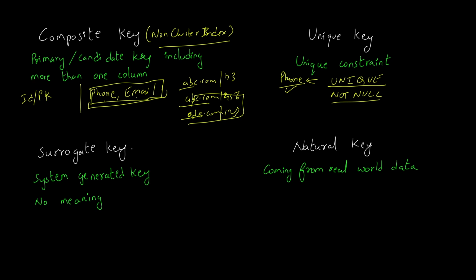Surrogate keys, again something informational. Unique keys are practical, composite keys are practical, surrogate keys are an informational thing. System generated keys, no meaning at all. Let's say you generate an ID which is auto incremented.